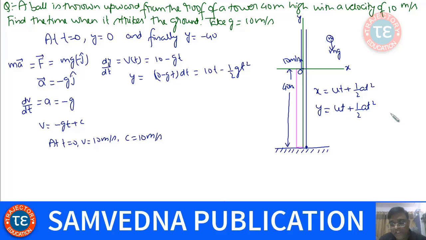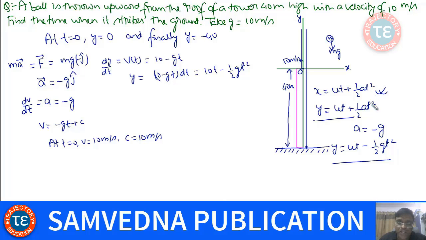So the formula will become ut plus half at square. But here, since the body is getting retarded, a is minus g. So this will come as ut minus half gt square. You get the same thing from here. So if you remember this formula, you can use it. I'll advise you to remember this formula, right?